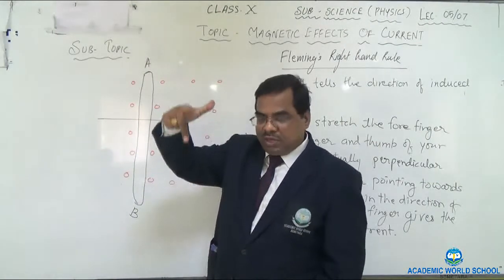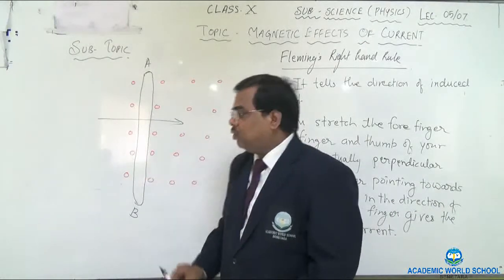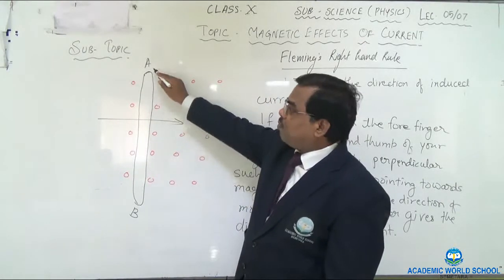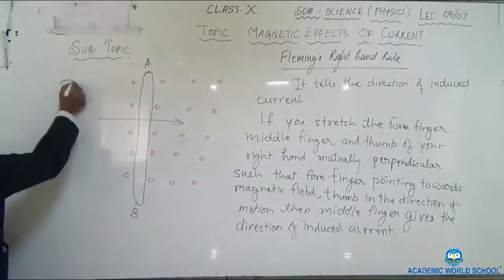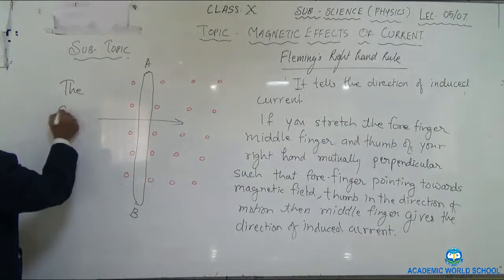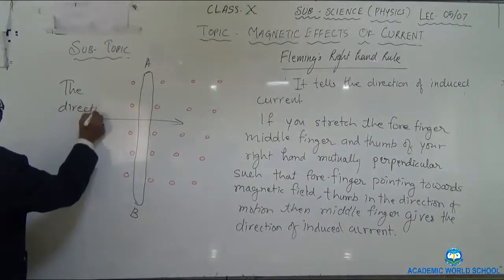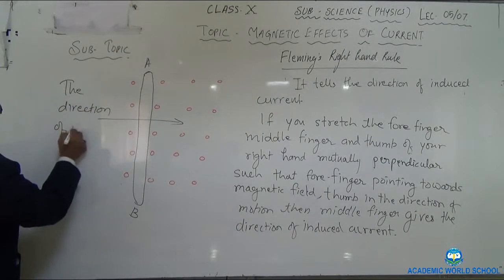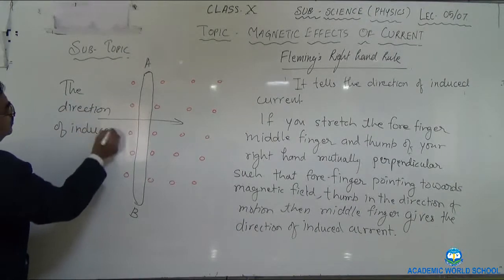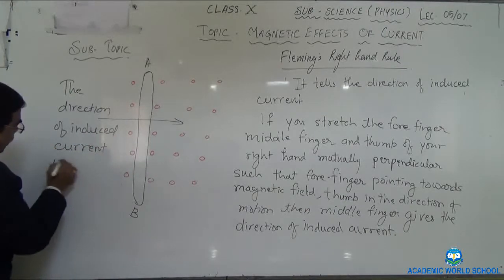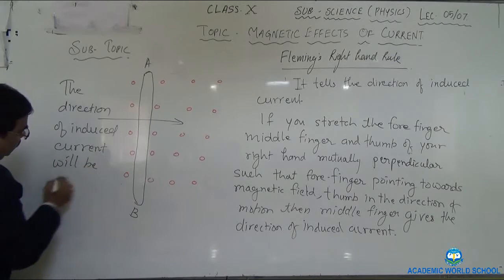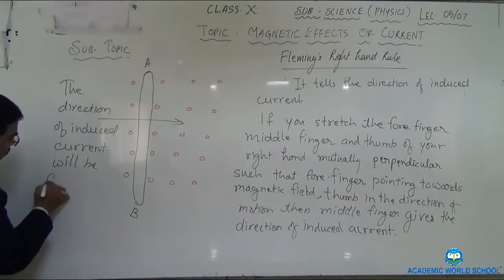Downward. So here only you can find out the current will flow from A to B. So you will write the direction of induced current will be from A to B.